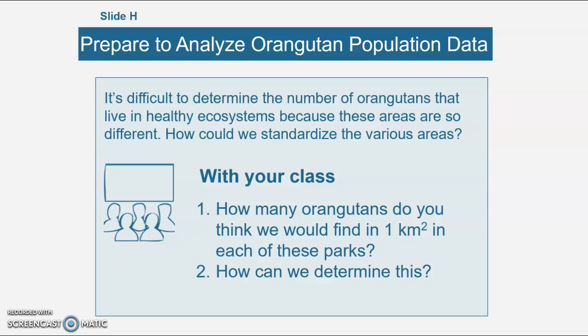We still have a lot of unanswered questions there. So we're going to narrow it down a little bit further, and we're going to figure out how many orangutans can fit in 1 square kilometer in each of these national parks.